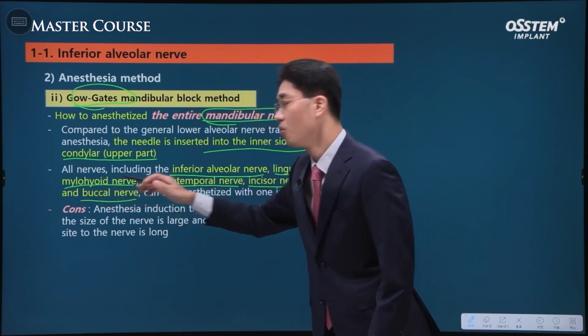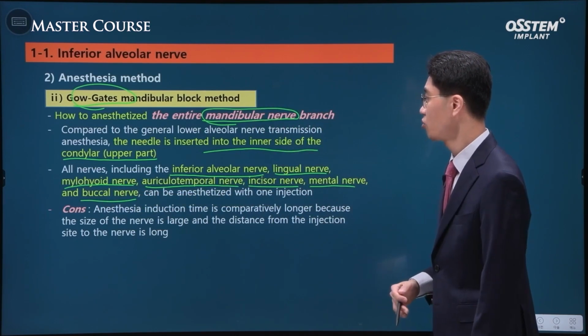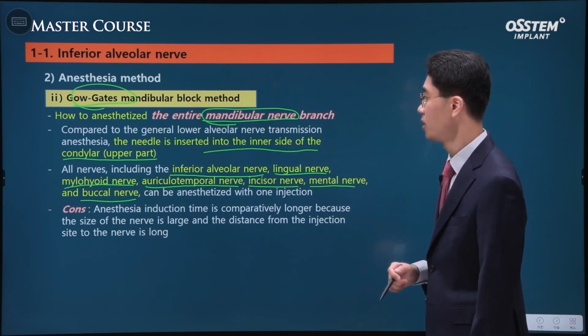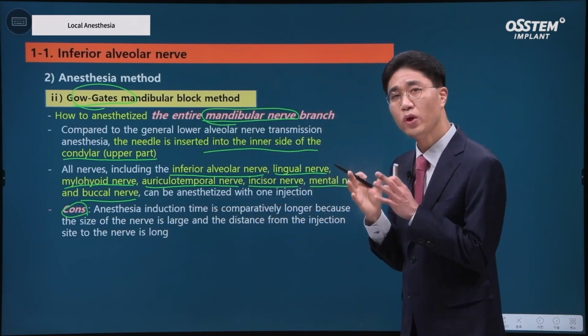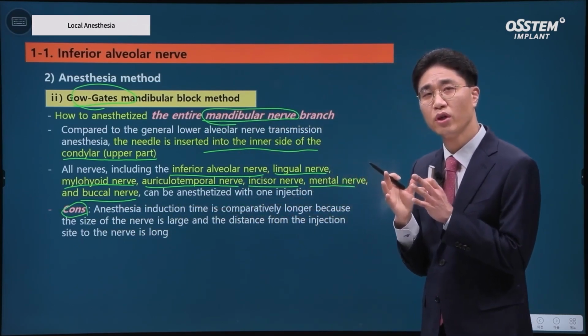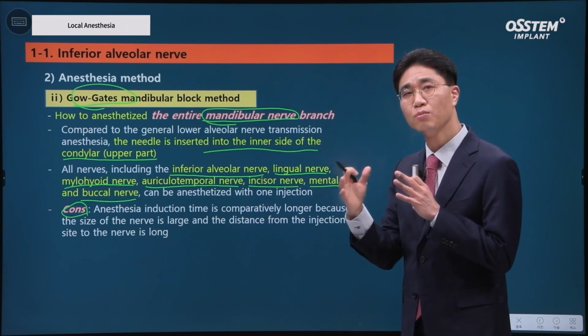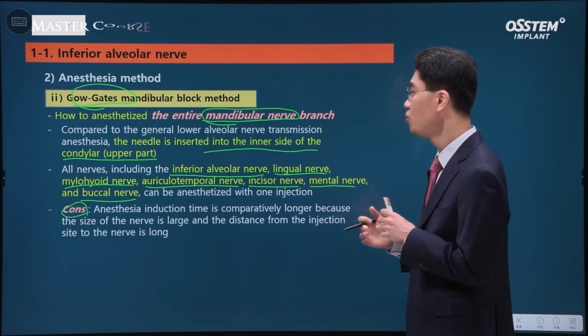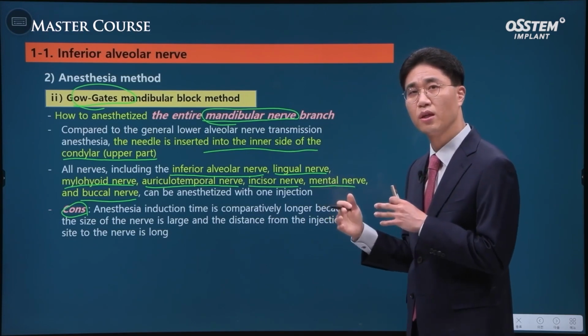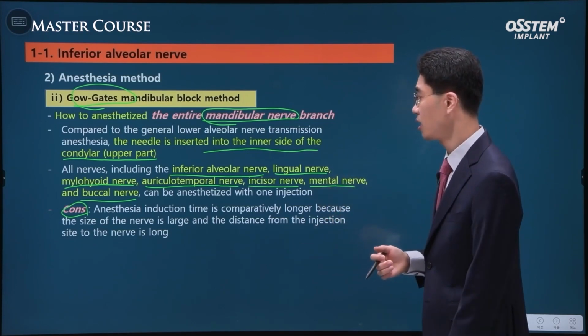The downside is that although we only want the targeted site to be anesthetized, the entire mandibular nerve becomes anesthetized, so it can become too extensive and patient discomfort can increase.